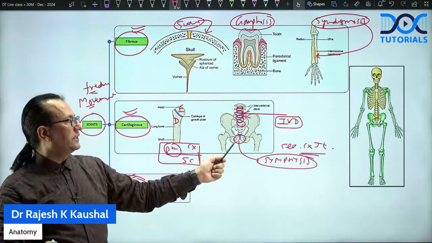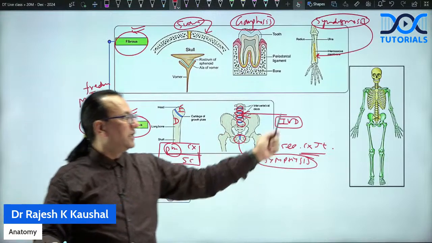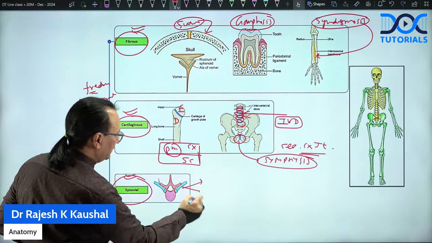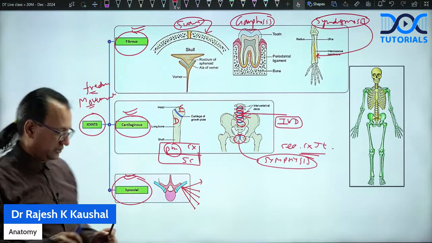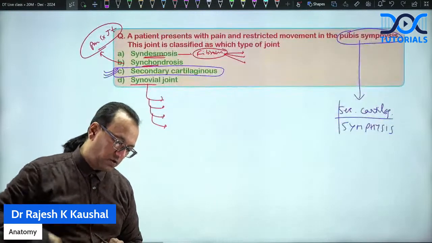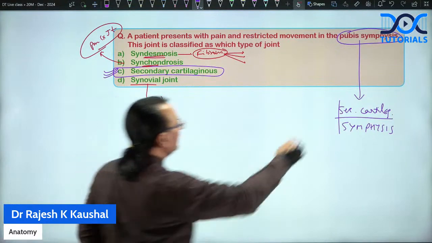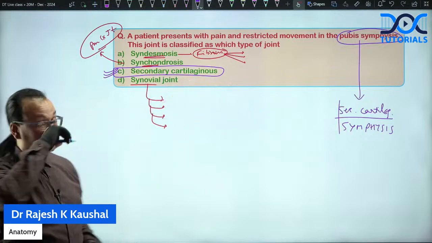So pubis symphysis or the intervertebral joint in the midline is a symphysis, a secondary cartilaginous joint. When it comes to synovial, there are multiple types, and we are not going into them here. Our purpose was to focus upon the question we already answered. The question was asking about pubis symphysis, and pubis symphysis means it is a secondary cartilaginous joint.